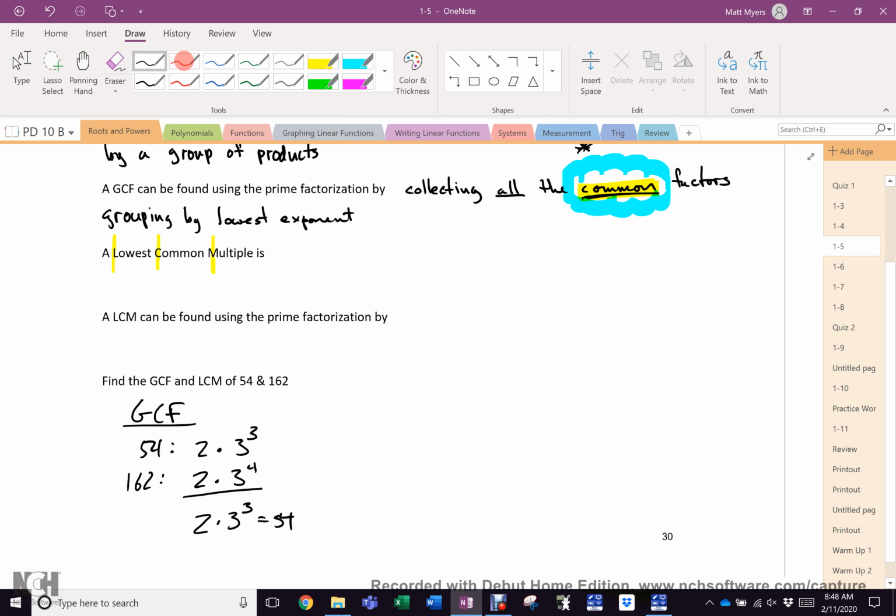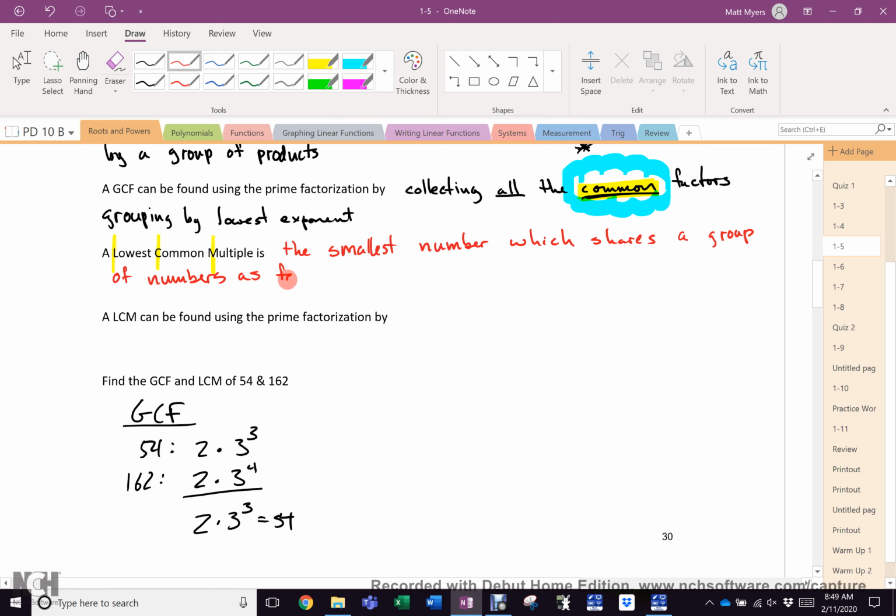So a lowest common multiple, I'm going to change to red ink so it's less confusing. A lowest common multiple is the smallest number which shares a group of numbers as factors.